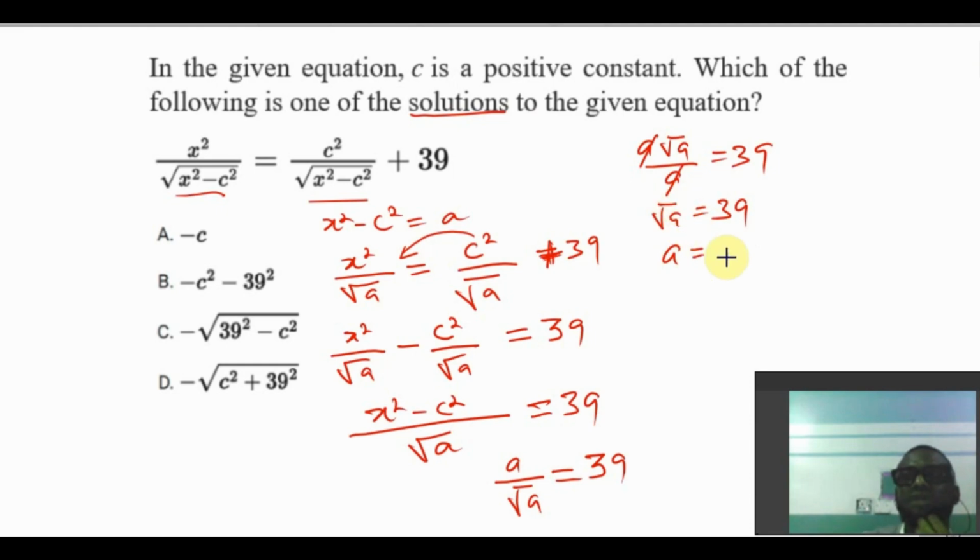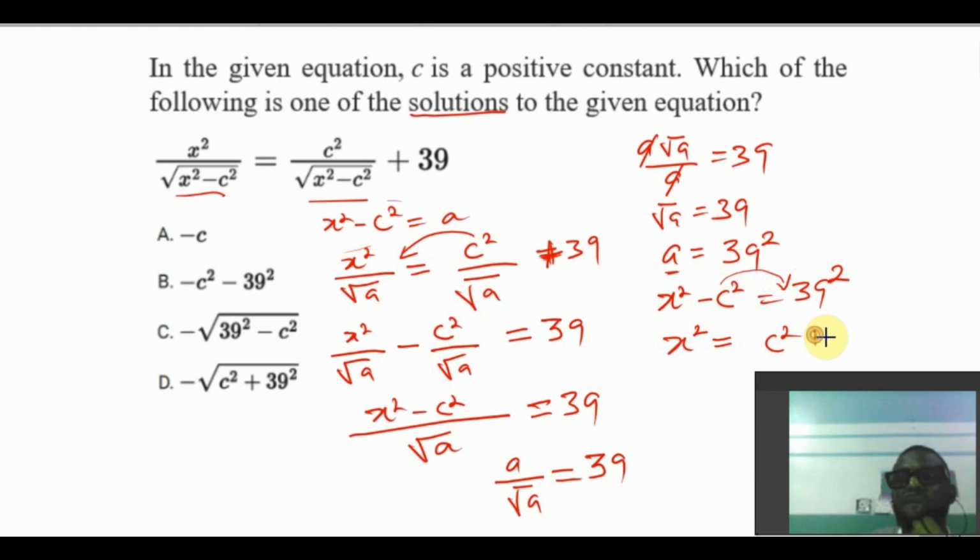When you square both sides, a becomes 39 square. Now remember, a is this expression here. We are looking for x, so we have reduced it to only x and c. So we have x square minus c square is equal to 39 square. When I move this over, I will have x square is equal to c square plus 39 square.